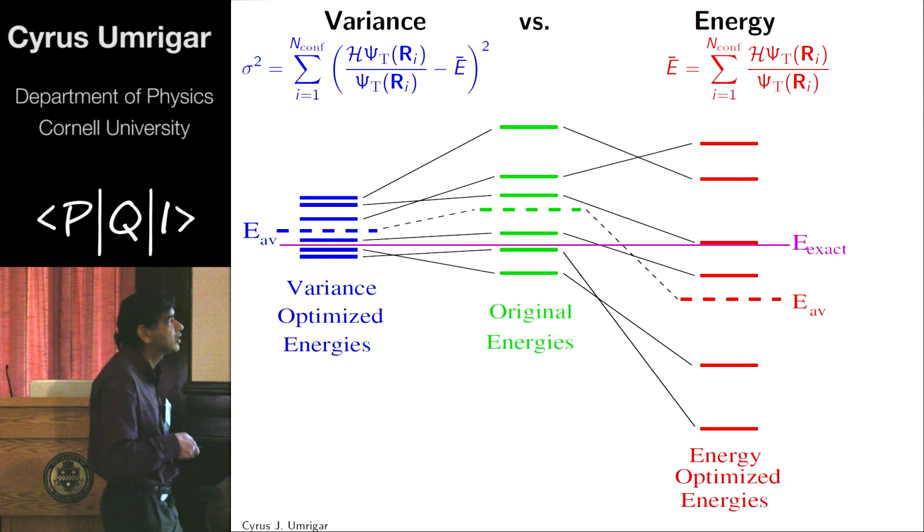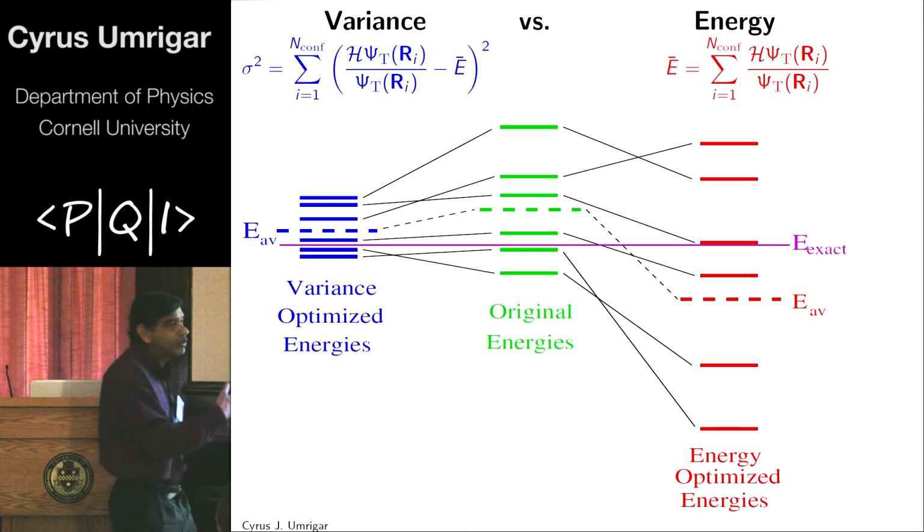Maybe some of them will tend to go up. Okay. But if I have a variational wave function with a lot of variational freedom, on average, they will go down. And in fact, they may go down so much that on this sample, my average energy may go below. So the average on this sample is what I'm showing with this dashed line. It may go below this exact energy.